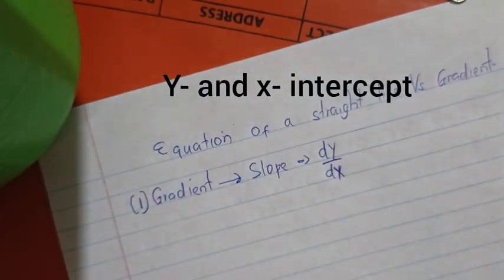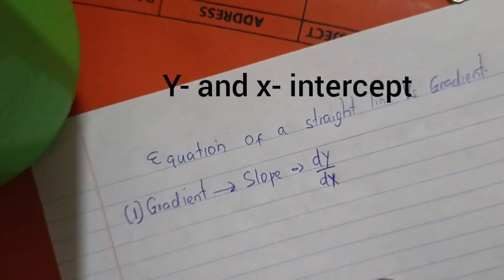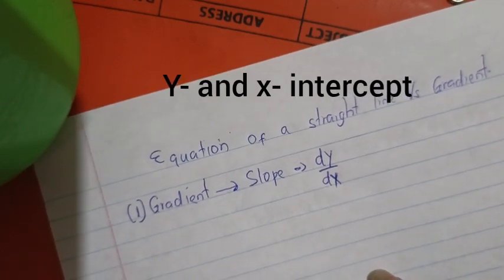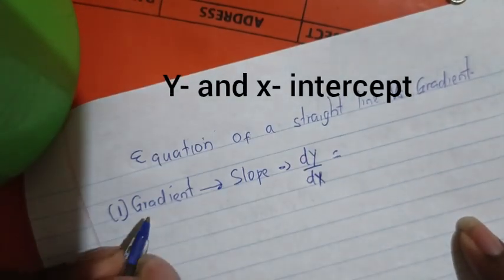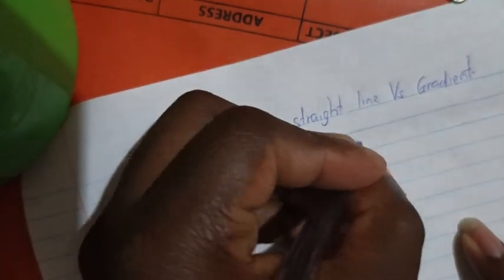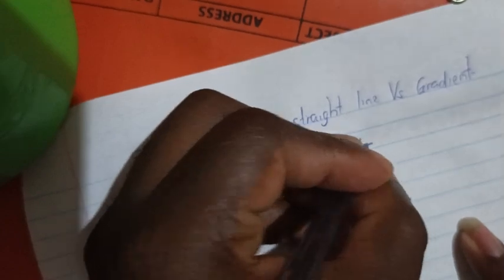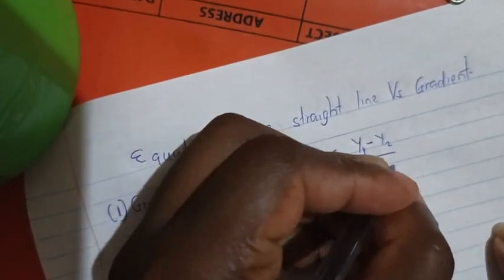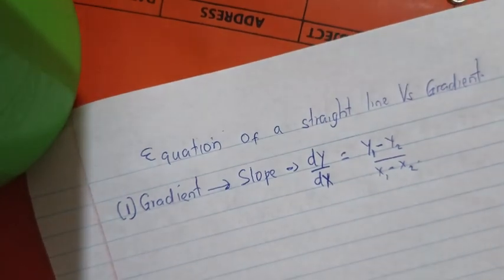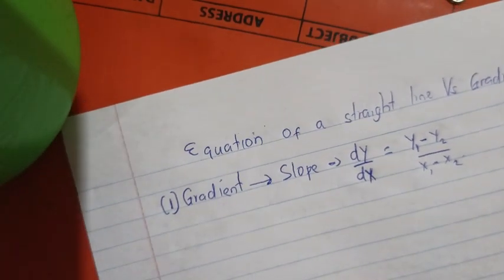If you're given the coordinates of two different points on a straight line, this leads to the gradient or the slope, or in other words, we can say y1 minus y2 over x1 minus x2. We shall do an example and see how this works.